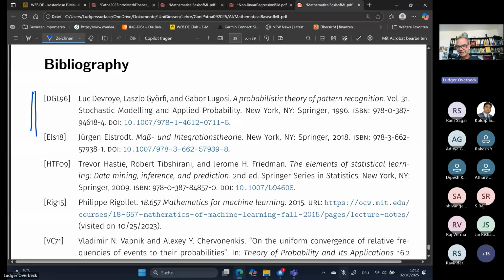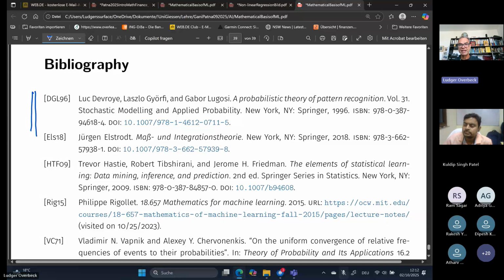There come all these data science people, and some of them actually ask me, where can I read all this? And I tell you, read this book from '96. If you have a mathematical approach to problems, then you find everything here.